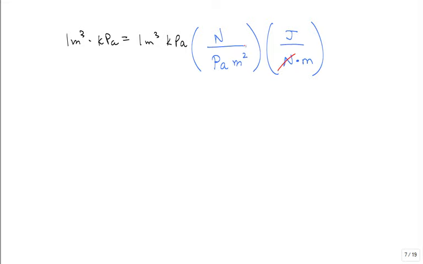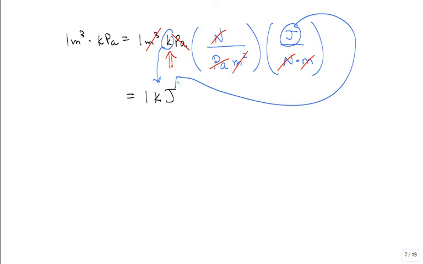So the newtons cancel, the pascals cancel, leave that kilo right there. And the meters cubed cancel. Thank you very much. And so we're left with 1 kilojoule. The kilo from there, and the joule from there. Done.